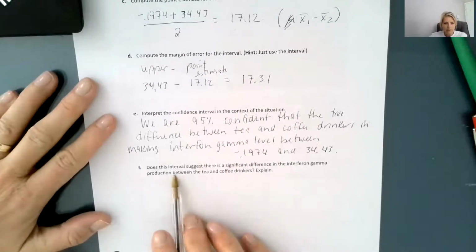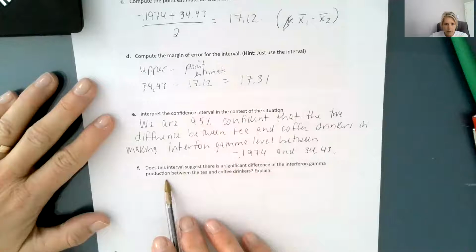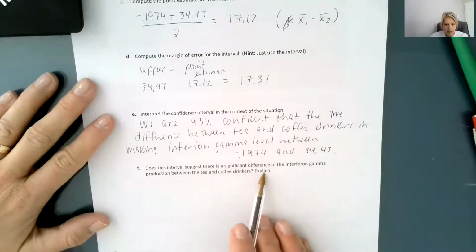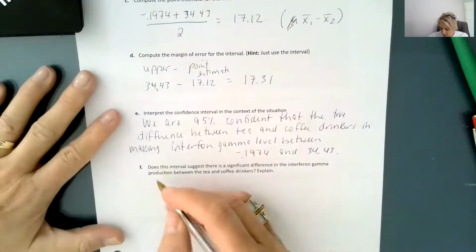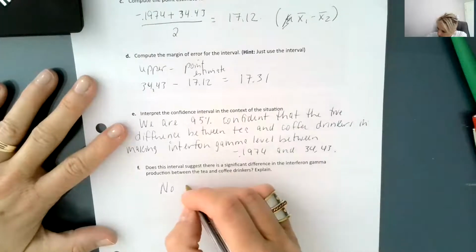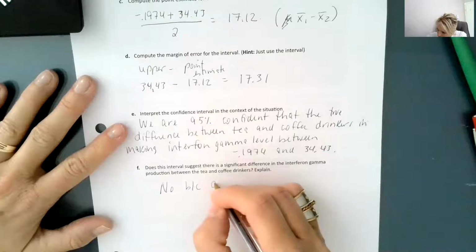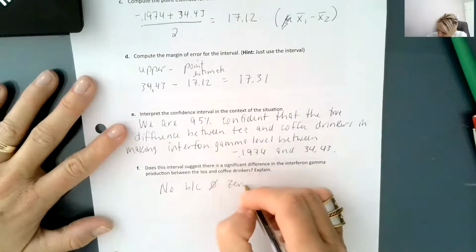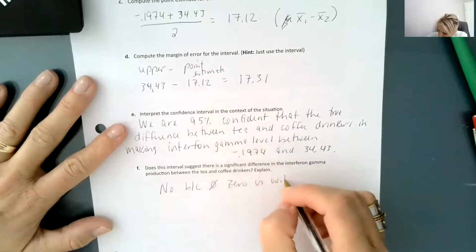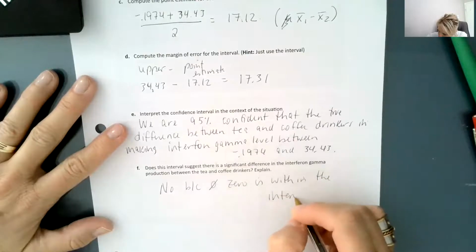And F says, does this interval suggest there is a significant difference in the interferon gamma production between the tea and coffee drinkers? Explain. No. Because 0 is within the interval.